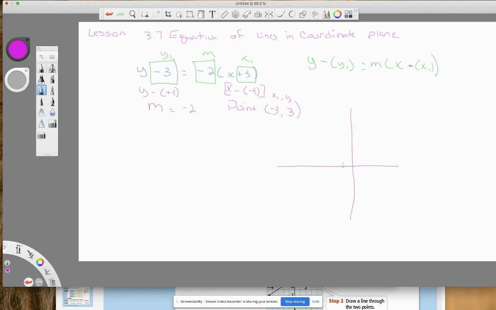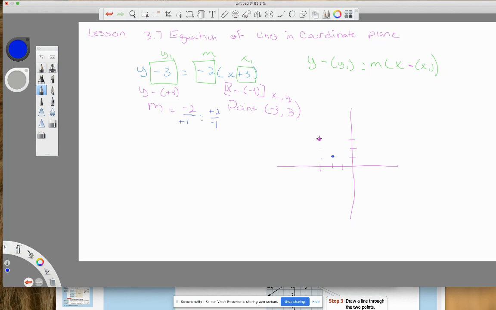I'll graph my point. 1, 2, 3, 1, 2, 3. And because my slope is negative, it's a whole number, it's implied over positive 1. Or I could do their exact opposites and say positive 2 over negative 1. So I'm going to take this and go down 1, 2, and go to the right 1.